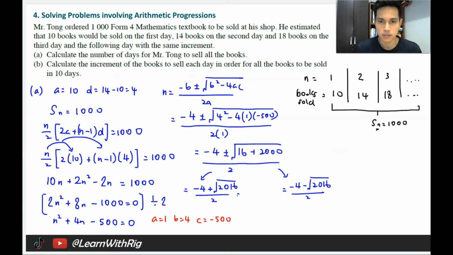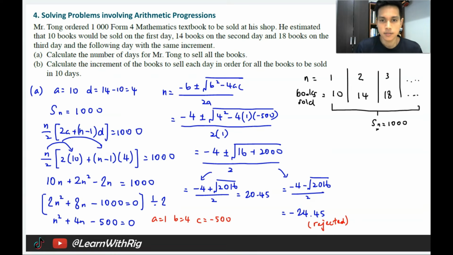So the first answer here should be equivalent to 20.45, and the second equals to negative 24.45. Now, in this case, the negative value would be rejected. Why? Because it's not possible for you to have a negative n value, correct? n value here represents the number of days. Can you have a negative number of days? No. So the negative value here is rejected.